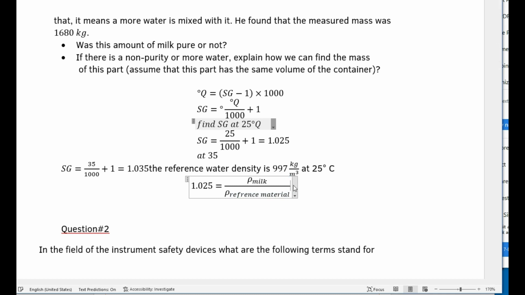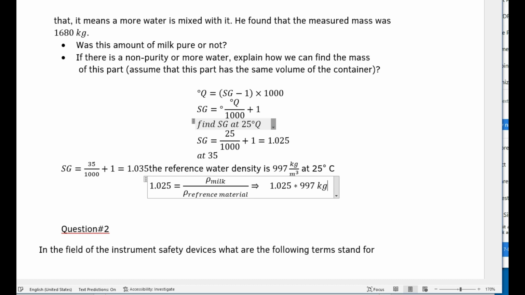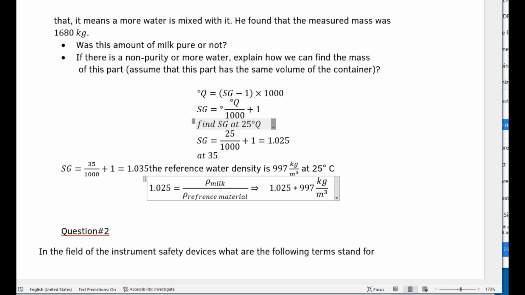Now this means 1.025 multiplied by 997 kg per cubic meter, and we know that the specific gravity does not have units, so we multiply it by the reference density to give us the density of the milk.